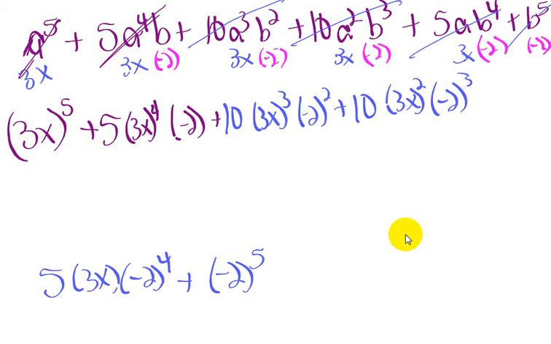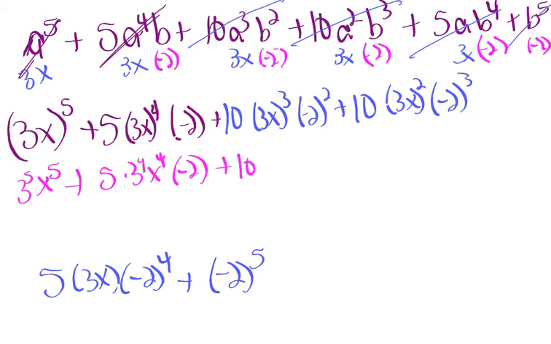All right, so now let's do this. This is going to become 3 to the 5th, x to the 5th, plus 5 times 3 to the 4th, x to the 4th, times -2, plus 10 times 3 cubed x cubed, and -2 squared, let's just go ahead and do that one.